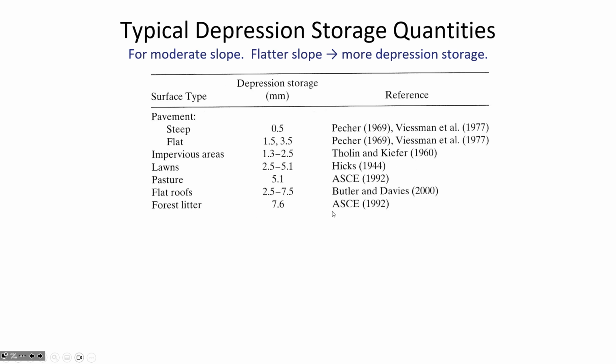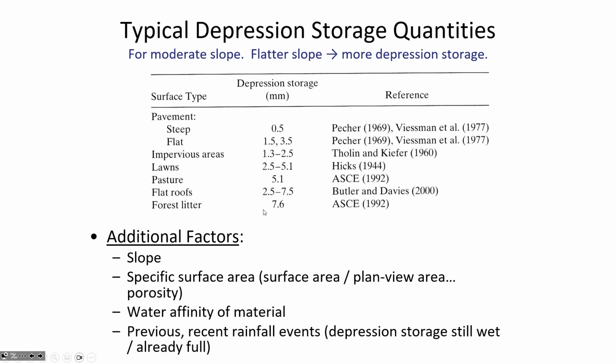So it's an important factor to keep in mind when you're finding out how much water is actually going to come out of a watershed, is the type of surfaces that's there and whether it's going to hold on to water before flow occurs.